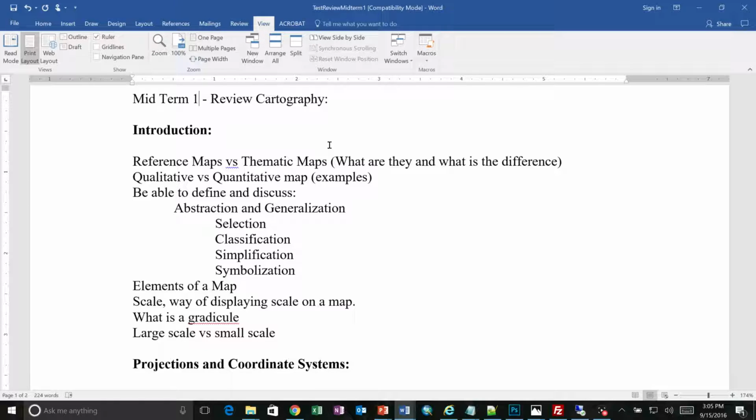Right, 1 mile. So I could have 1 to 5,280, and then I could also write below that 1 foot equals 1 mile, and that would be showing both a representative fraction and a written or verbal scale.